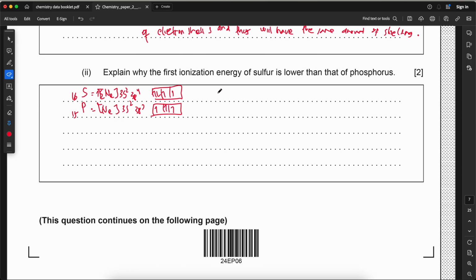Okay, so because it is paired for sulfur, it will have greater electron repulsion due to the paired electron in sulfur. So it is easier to remove an outer electron.